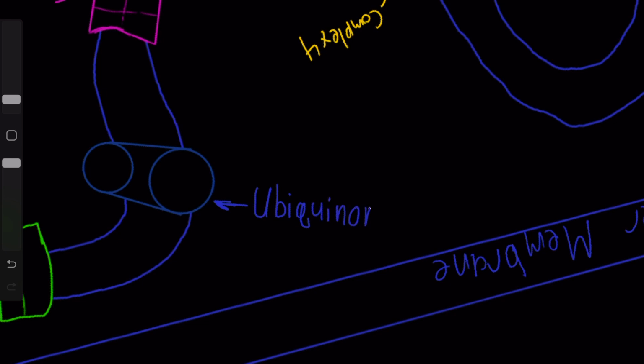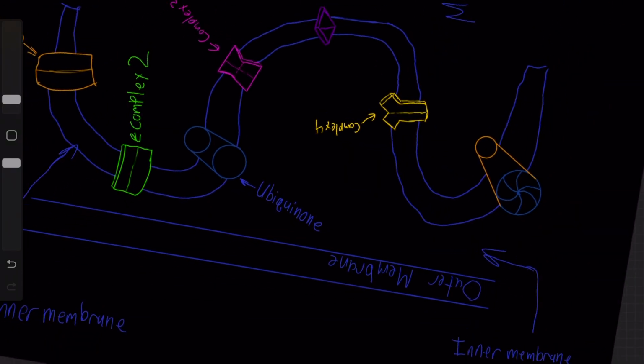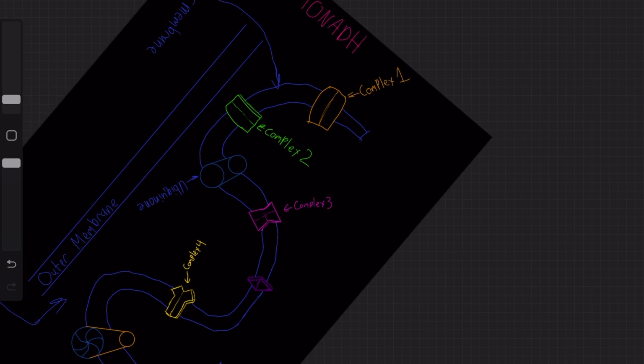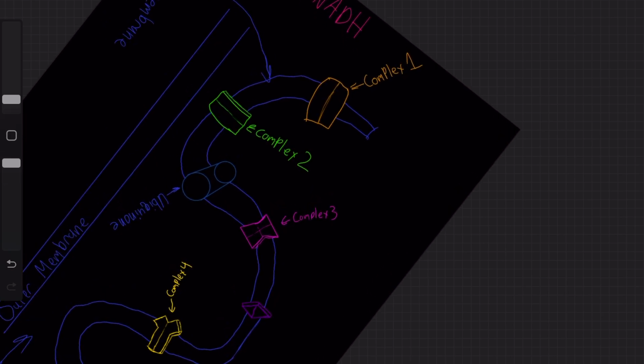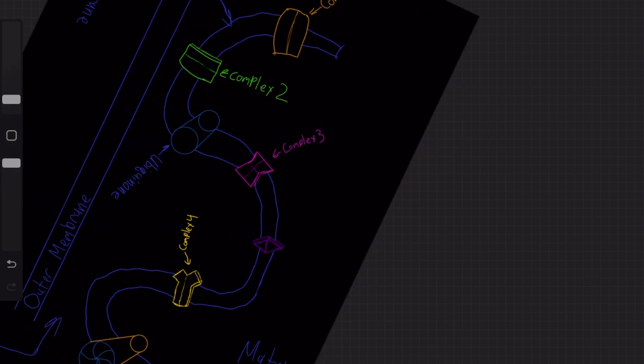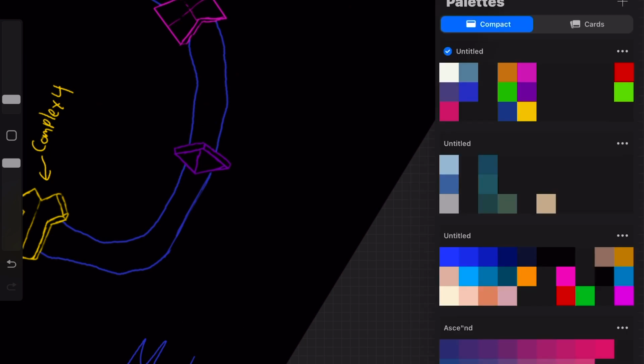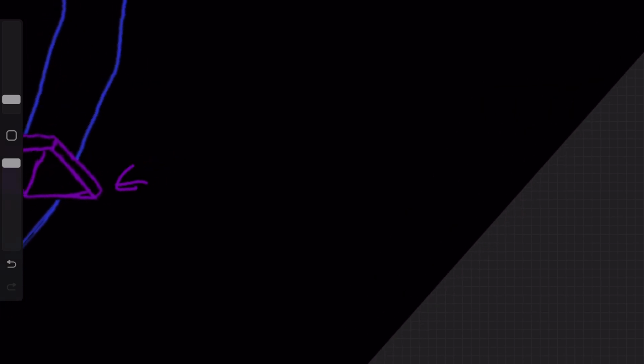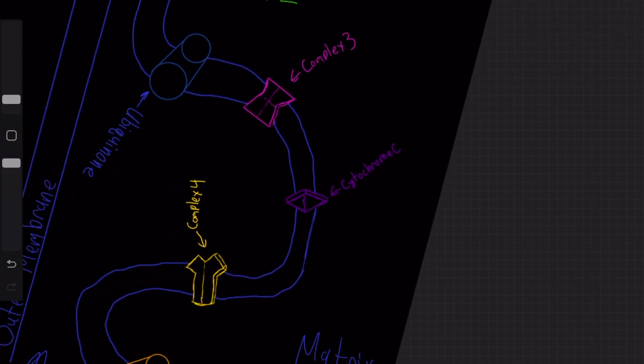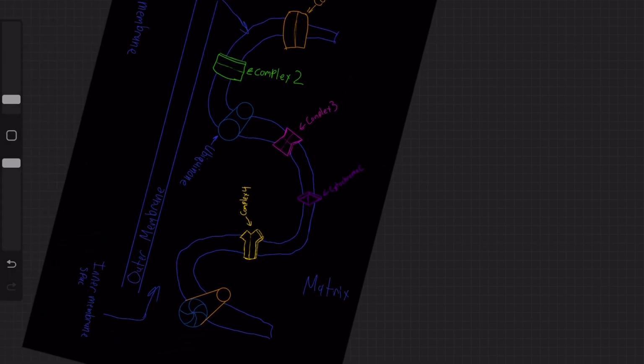In the book it says none, or ubiquinone, you can put ubiquinone. We have another transporter called cytochrome C, and this guy transports items from complex 3 to complex 4.